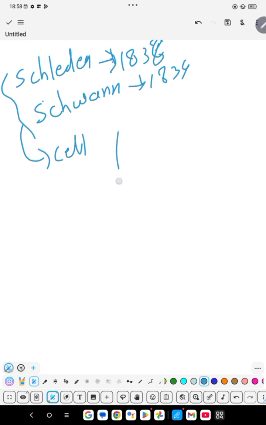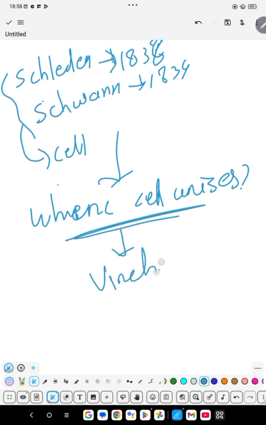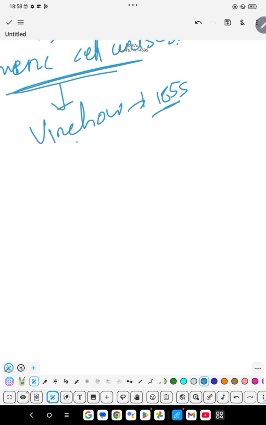So this question, from where a cell arises, was answered by Virchow in 1855. According to Virchow, cells arise from pre-existing cells.